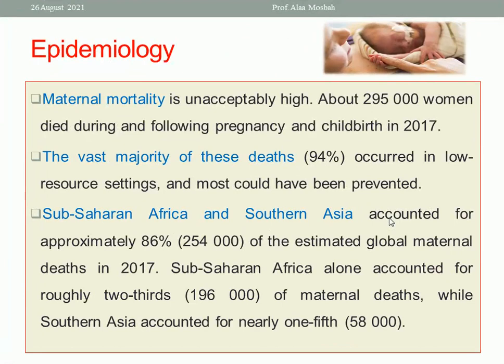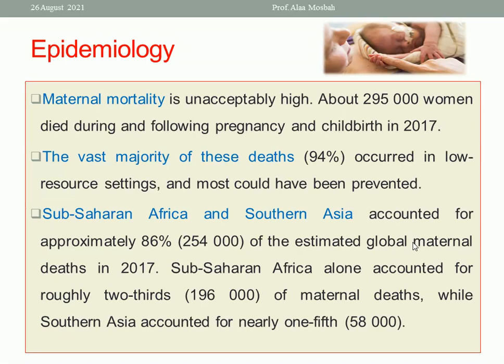What about the epidemiology? Maternal mortality is unacceptably high, although it is markedly reduced in the last 10 years. Okay, but still we consider the maternal mortality high, and we want to reduce it because most of the causes can be prevented.